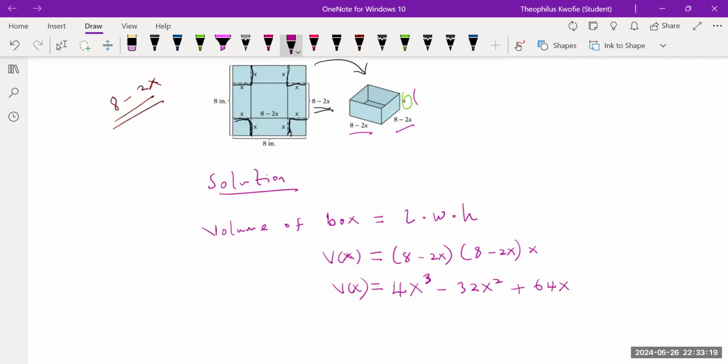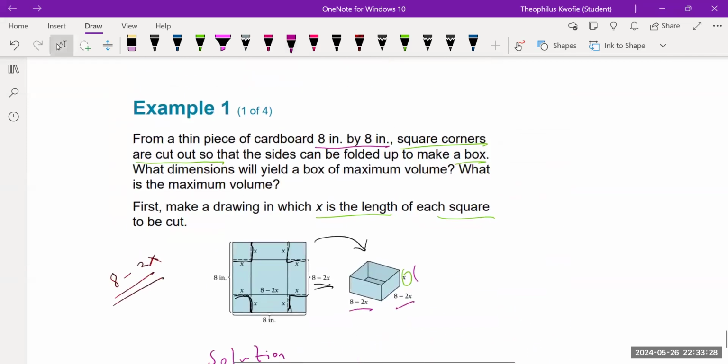Over here, I want us to note that x must be between 0 and 4. Is that okay? And the reason is simple. Remember the maximum length that the length or the width can attain is what?